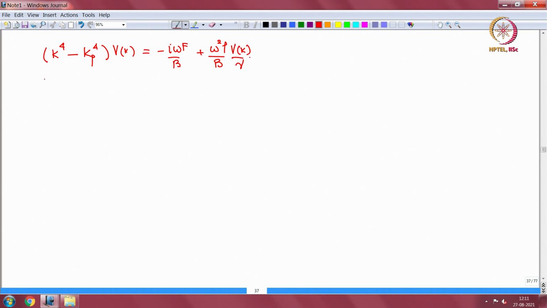I take V of k to the left: k fourth minus kp fourth minus omega square rho by B gamma, into V of k is equal to minus i omega f by B.